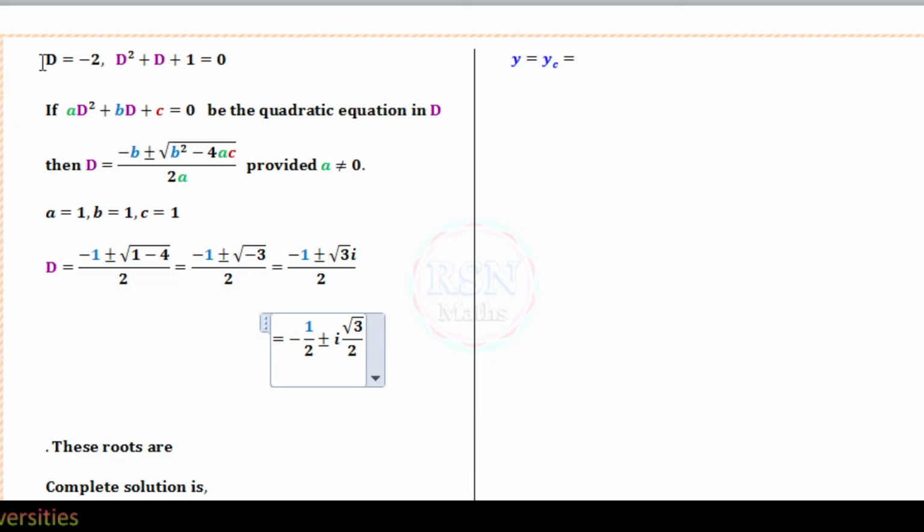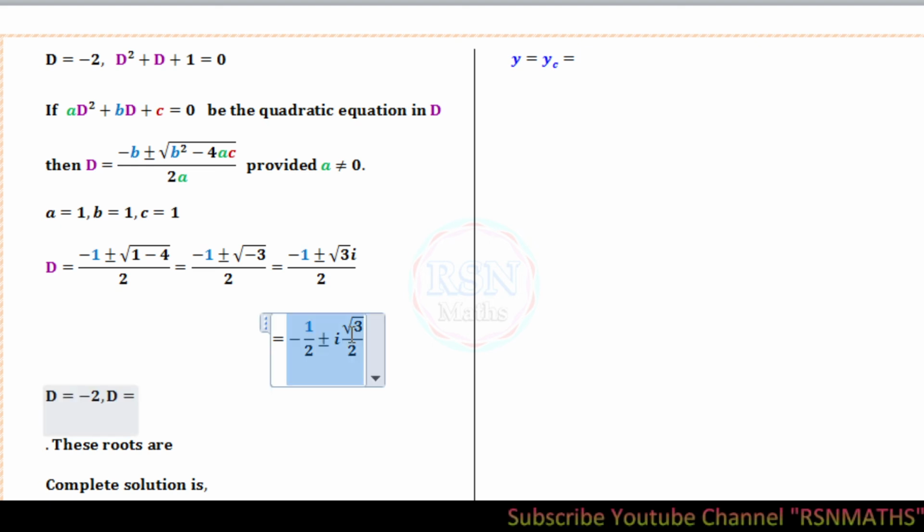Okay, therefore the total values of d are: d is equal to -2 and the remaining values of d are these two values, correct? So total values are 3.